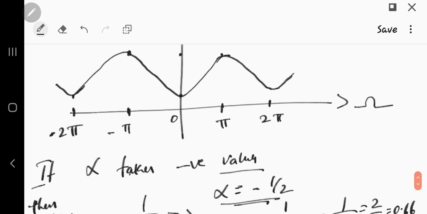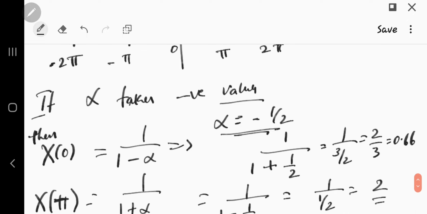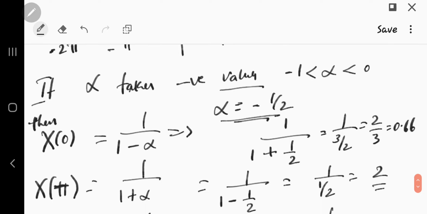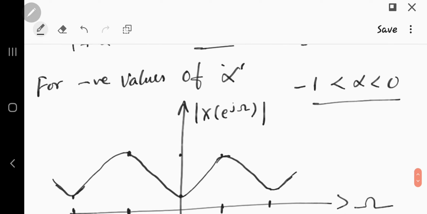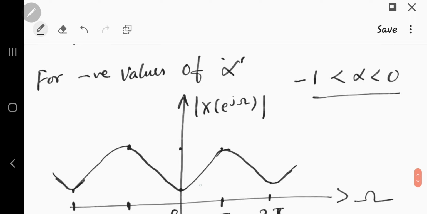And it will keep on going. So if alpha takes a negative value, the value should be between 0 and minus 1. We have applied minus 1 by 2. If you want to express this, here it will become 1 divided by 1 plus alpha, and here 1 divided by 1 minus alpha.